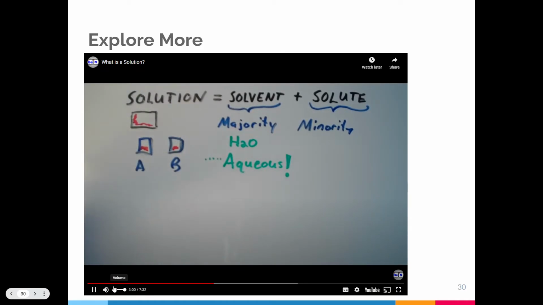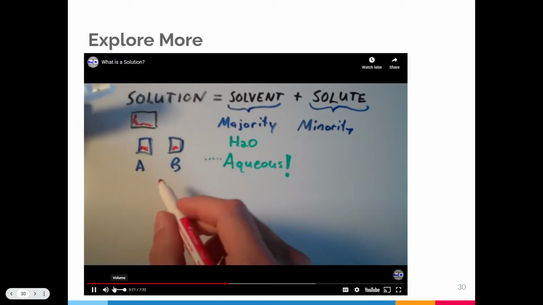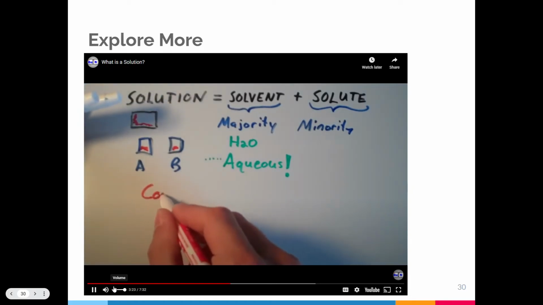So there's aqueous solutions. Now, we need to figure out how to express the amount of solute relative to the solvent. That's called the concentration of the solution. There are two general terms when we talk about solution concentration, and one of them is concentrated.